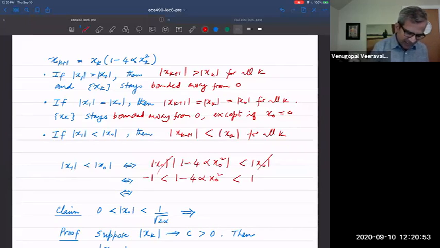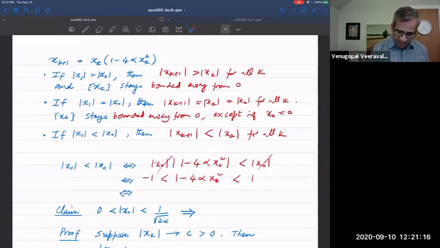Now, if I look at the condition that it's less than 1, this will cancel, and all that tells me is that alpha should be positive. If I look at this other condition, that tells me that alpha should be less than 2 over, sorry, x0, I meant x0 squared, alpha is already positive.